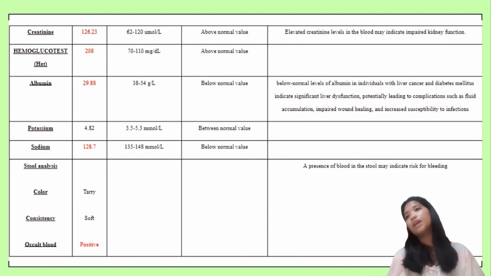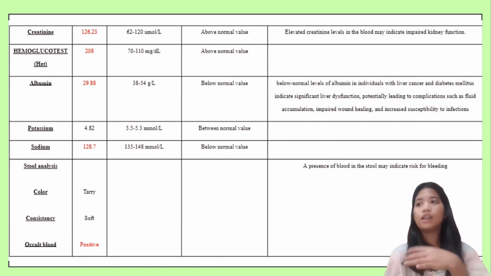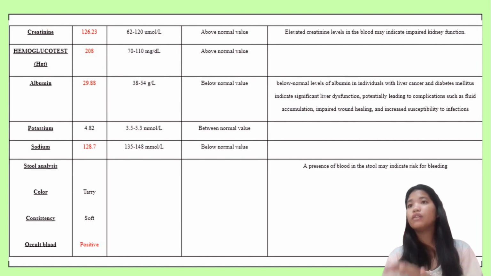So next is the creatinine. The patient's result is 126.23 and the normal value of creatinine is 62 to 120. So the creatinine is above normal. So, elevated creatinine levels in blood may indicate impaired kidney function.